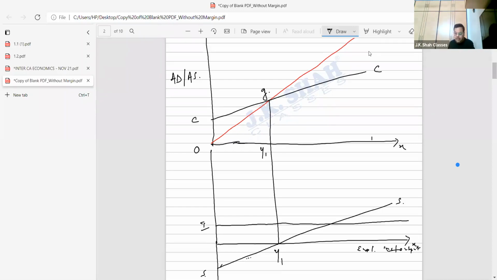This corresponds to point E, the Y0 level of income.